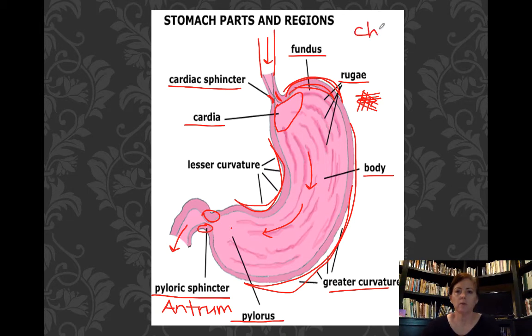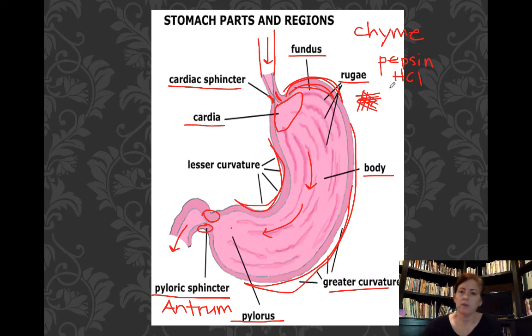And so we also are going to start the chemical process of digestion by secreting pepsin, which, in the presence of hydrochloric acid, pepsinogen converts to pepsin and begins breakdown of proteins.